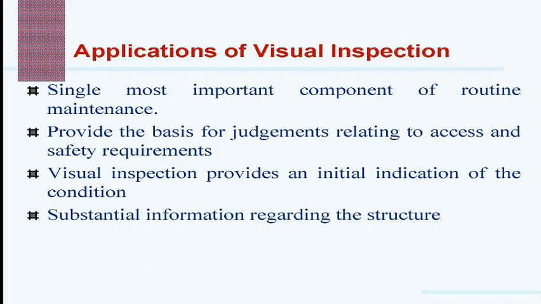With a trained eye, visual inspection can reveal substantial information regarding the structure, such as construction method, weathering or environmental effects, chemical attack, mechanical damage, accident or physical deterioration, abuse, or constructional deficiency or fault, during construction or after construction and during use. So these are the basics of visual inspection.